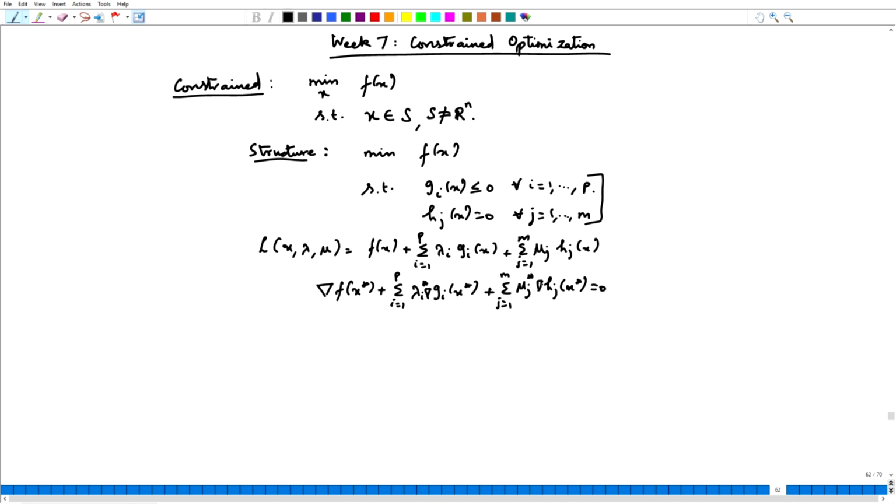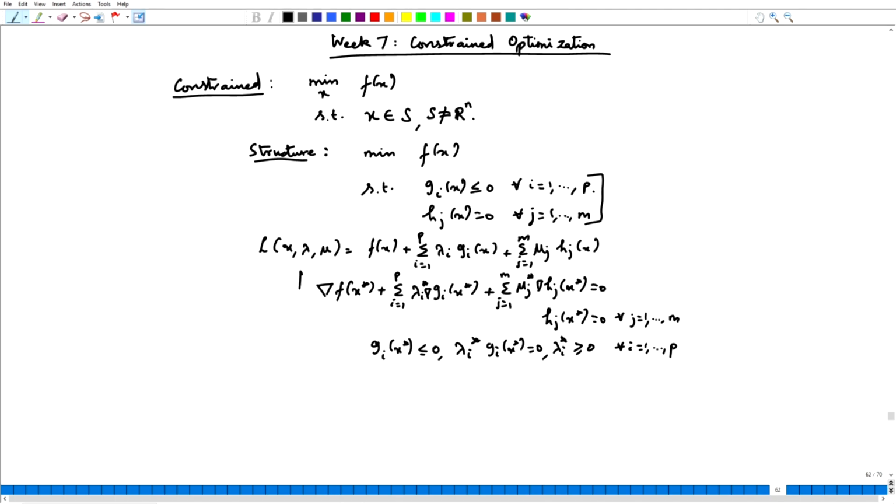Sorry, I should have written the gradient. This condition must be satisfied, and other than that the equality constraints must hold, and as far as inequality constraints, we have a few more conditions that need to hold, which is g i of x star of course must be less than or equal to 0, but other than that you need lambda i star g i of x star equal to 0 and lambda i star must be greater than or equal to 0, and this must hold for all i equal to 1 to p.